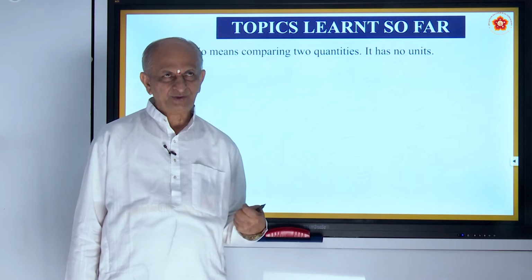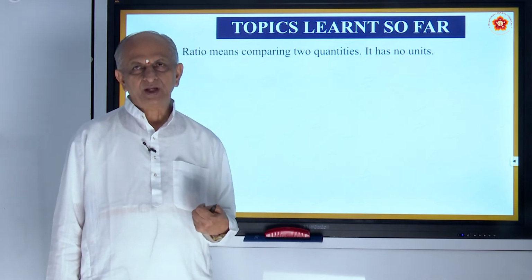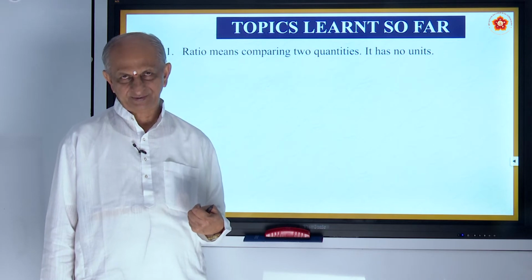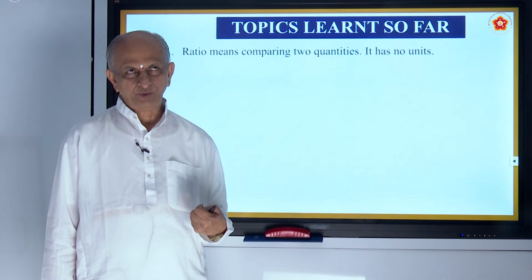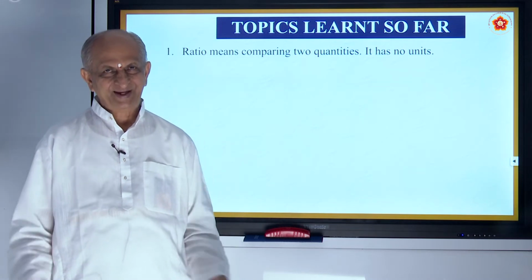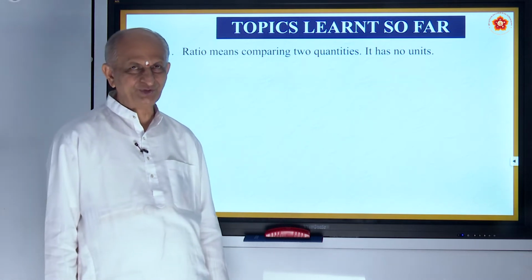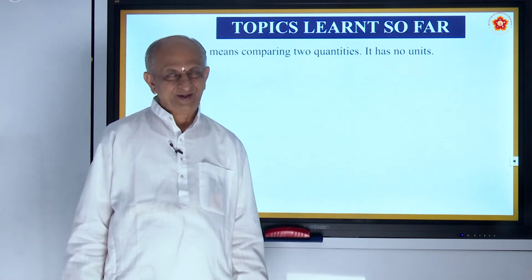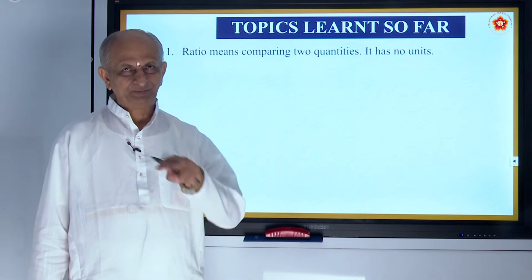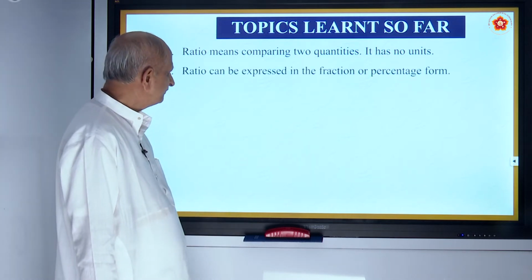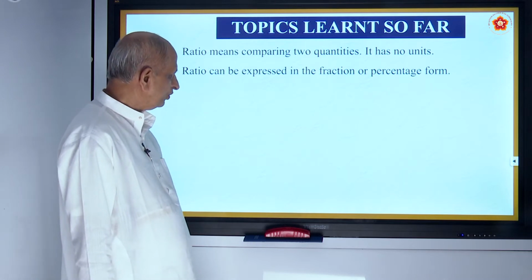Suppose Ramu is about 150 centimeters and Somu is 175 centimeters. We compare the heights. So the ratio we write 175 is to 150. Weights we can compare, but both must be the same unit, same type of quantity. That is what is called ratio.